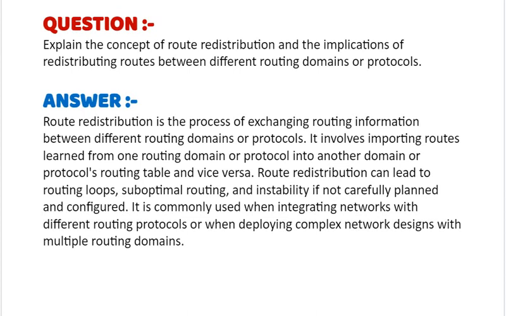Route redistribution can lead to routing loops, suboptimal routing, and instability if not carefully planned and configured. It is commonly used when integrating networks with different routing protocols or when deploying complex network designs with multiple routing domains.